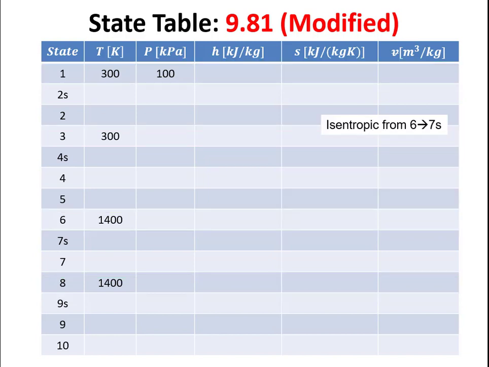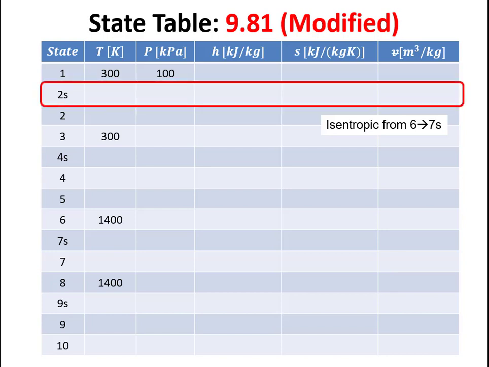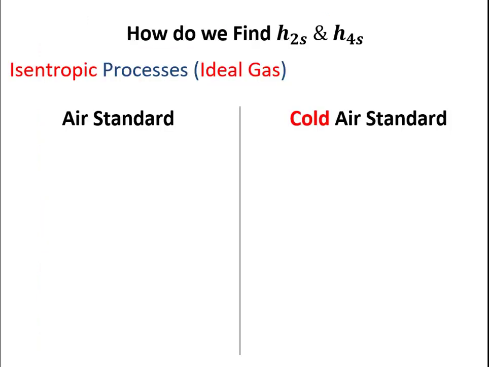The other thing that I want to do, which I've sort of already done on my state table here, is identify where the isentropic processes are, because the isentropic processes are always the key to finding the answer for these cycles that use air as the working fluid. So as I move from state 1 to state 2s, I'm going through an isentropic compression.